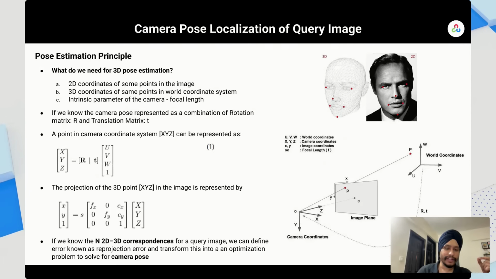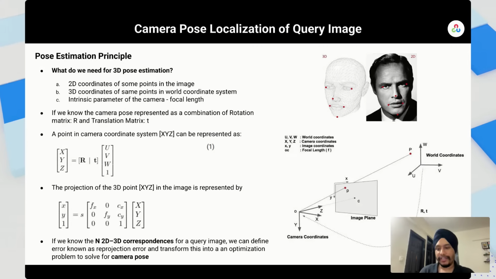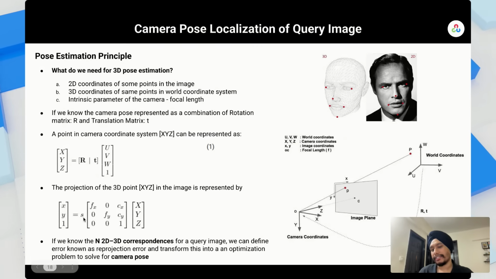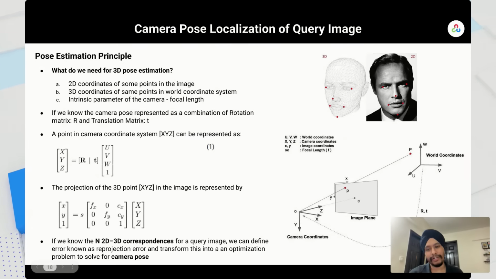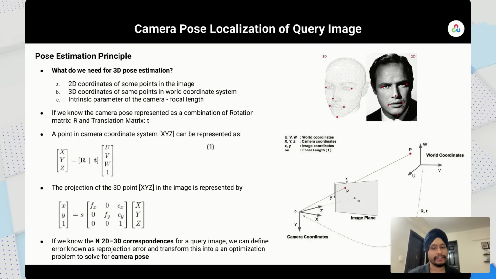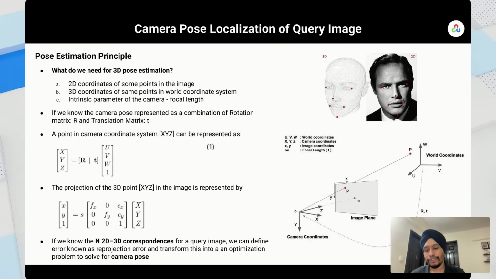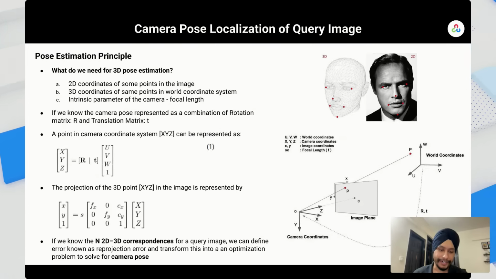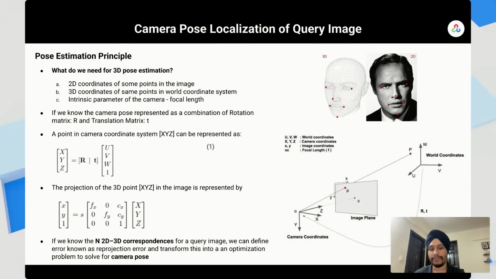So xy in that image plane is represented as S, a scale factor, multiplied by the intrinsic camera matrix, which includes the focal length and the camera centers, multiplied by the position of that point in the camera coordinate system, right? So that's how an image is formed.